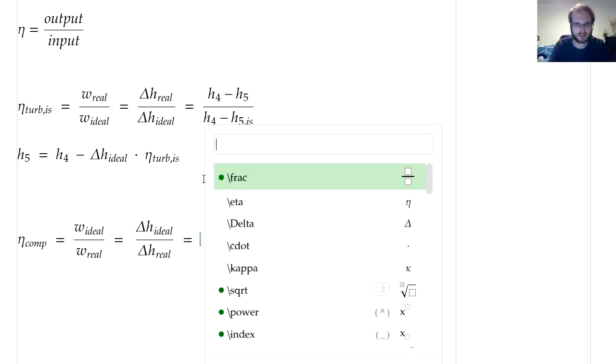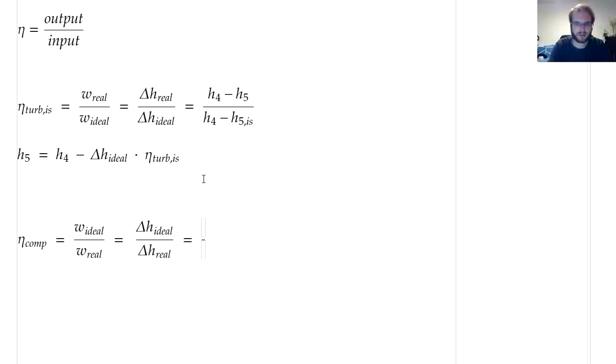So it will be enthalpy 2, and here we are talking about ideal, so enthalpy 2 isentropic minus enthalpy 1. That's the ideal difference in the enthalpies, and the real difference in the enthalpies is H2 real minus H1.